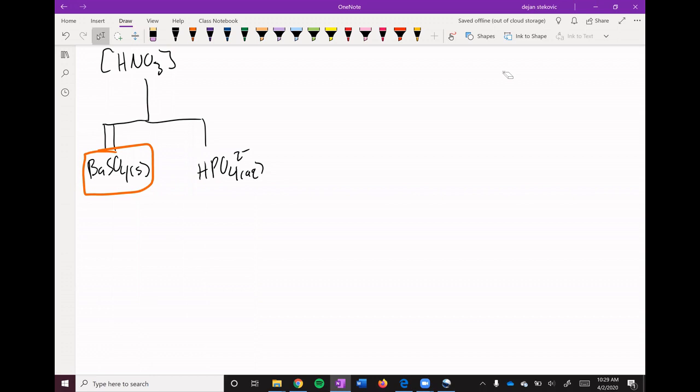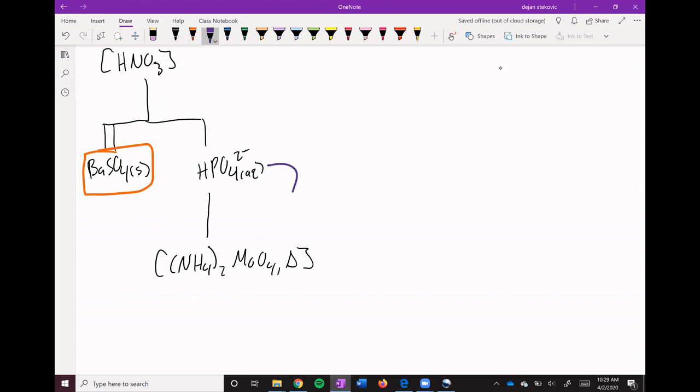So basically what we're going to do here is we're going to add some ammonium molybdate. And then we're going to heat the thing.